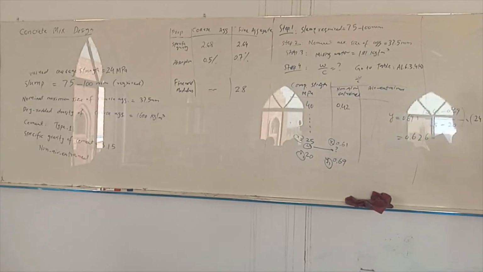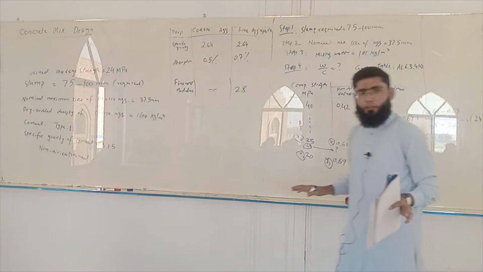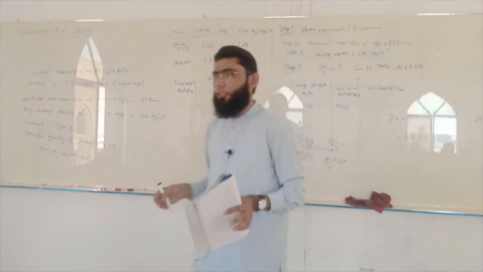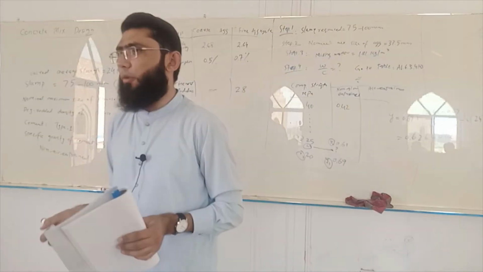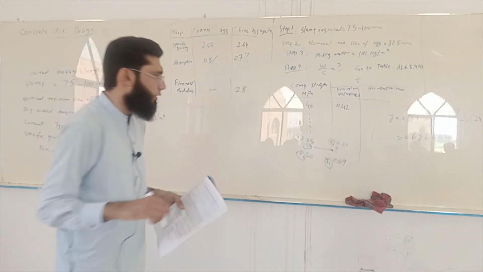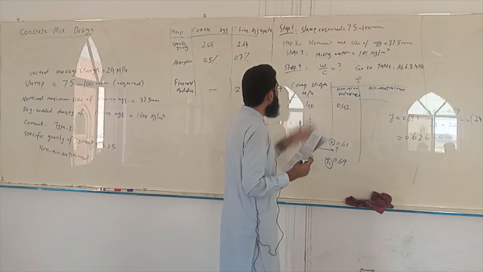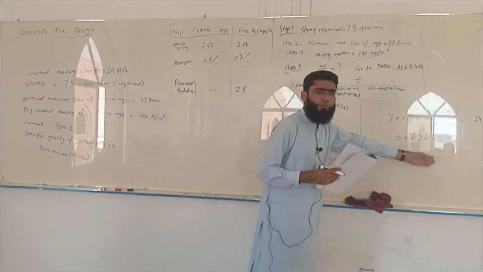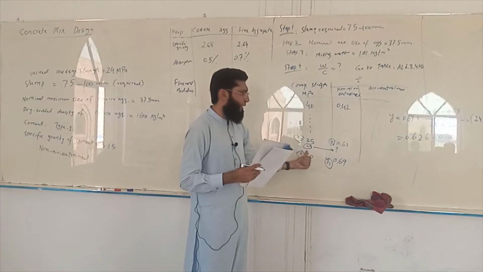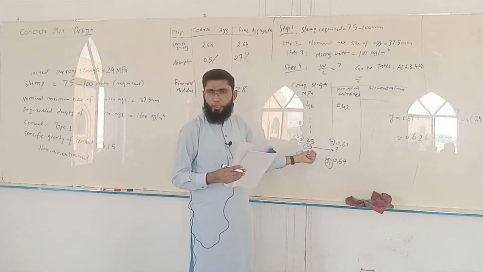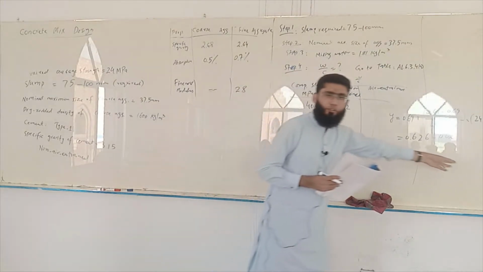So you better round it down onto the lower side. Although it's all trial calculations, you may better round to the lower side, 0.62. So what do you get at the end of step 4? Water cement ratio to meet this requirement is expected to be 0.62.